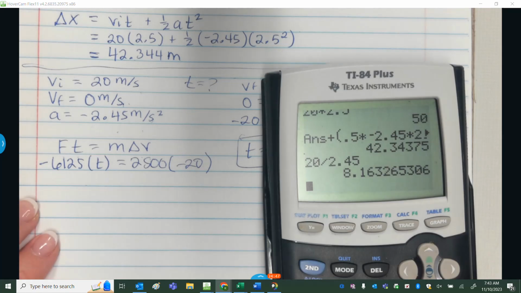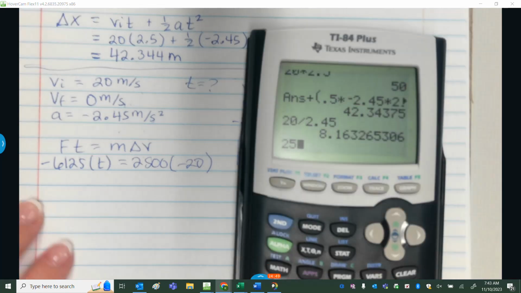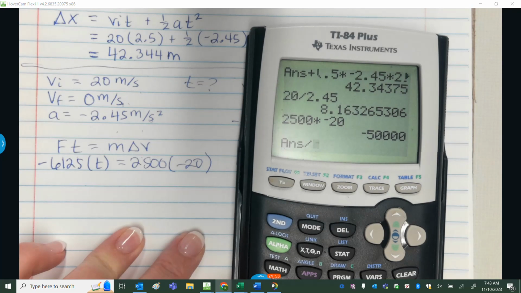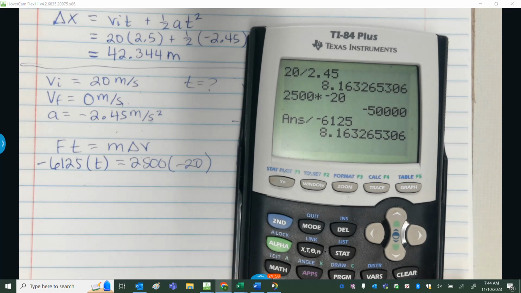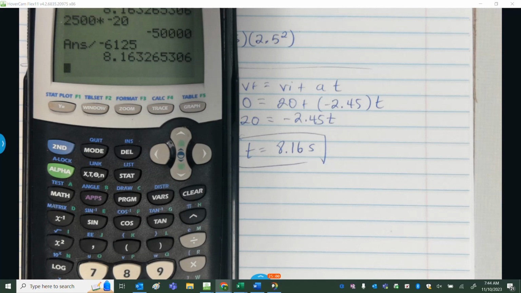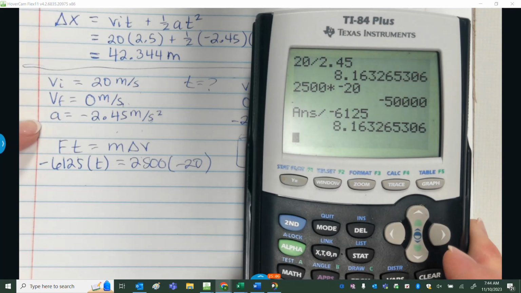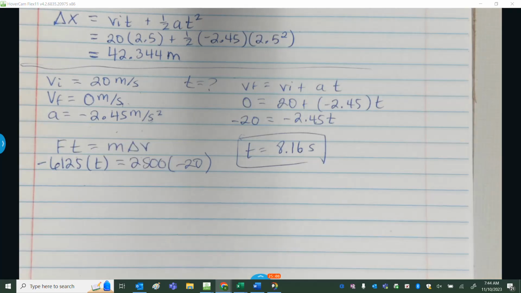Okay, let's check and see if it does. 2,500 times negative 20 divided by negative 6125. Yep, there it is, 8.16, same exact thing. I told you there's more than one way to do these. So you could use impulse momentum theorem or kinematics to get that last step.